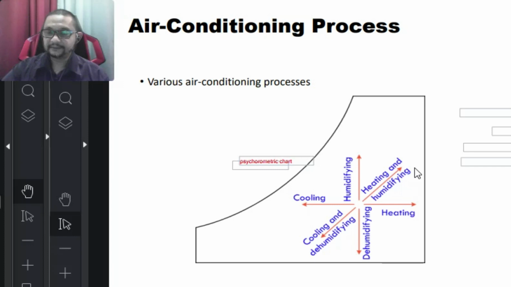When it shows cooling and dehumidifying, the arrow will go downhill on this psychrometric chart. Okay, this is cooling and dehumidifying.